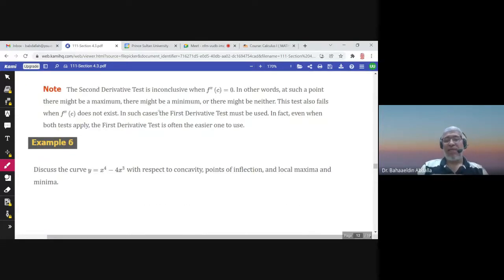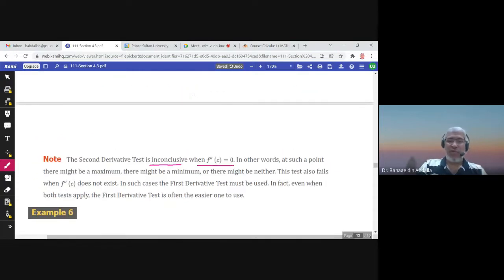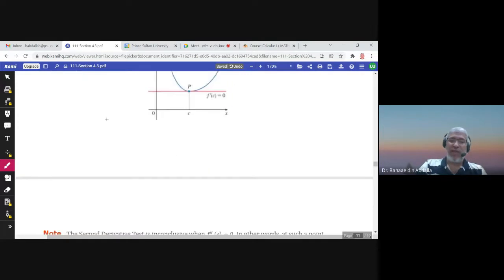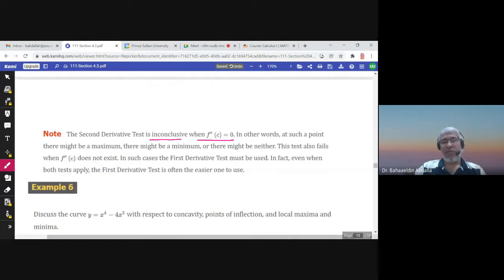Note the second derivative test is inconclusive when f double prime equals 0. If you substitute with c and you get 0, you don't get greater than or less than. You just find that the second derivative at c is 0, then no information is given from the second derivative test, and you have to go back to the first derivative test.